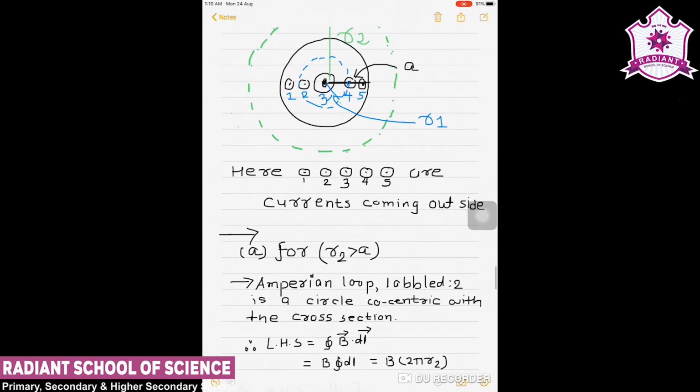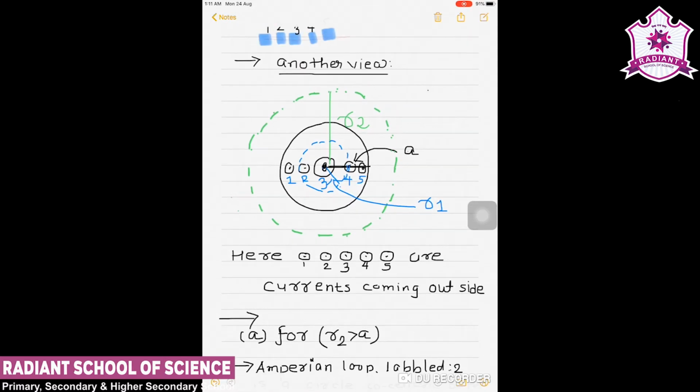First we will see the region where r2 is greater than a. So here for the green loop we will first focus over here.